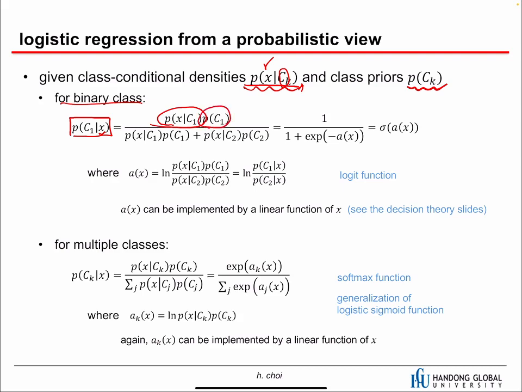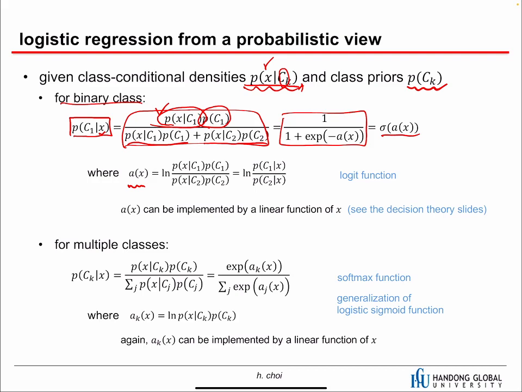And this one is the prior probability for class 1. And this one is exactly the same as this one, and this one is for class 2. So this is the simple Bayes rule, and we can define a of x in this way. Then this whole equation can be rewritten in this way, and this is actually a sigmoid function like this.